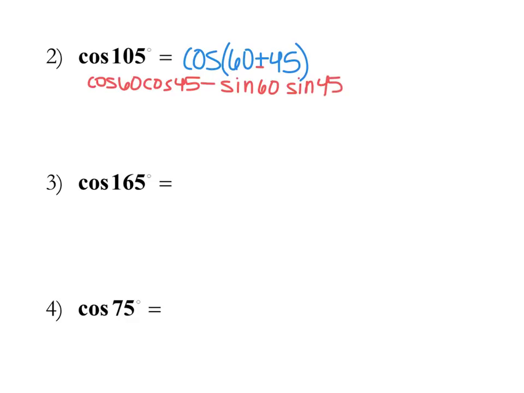Recall the unit circle. Cosine of 60, 1/2. Cosine of 45, root 2 over 2. Minus sine of 60, root 3 over 2. Sine of 45, root 2 over 2.